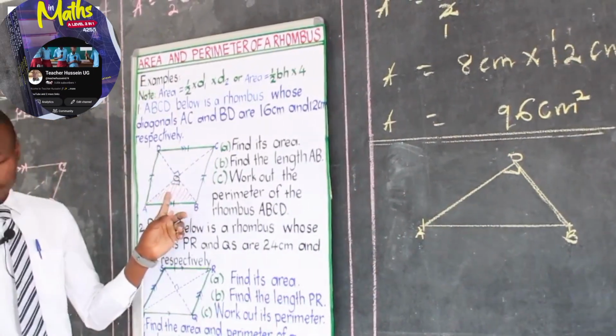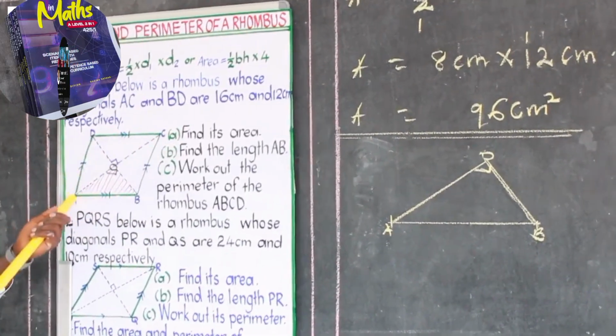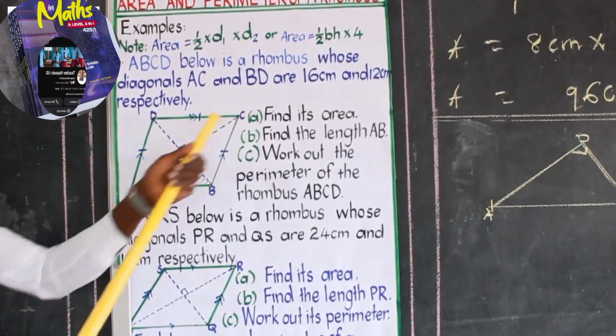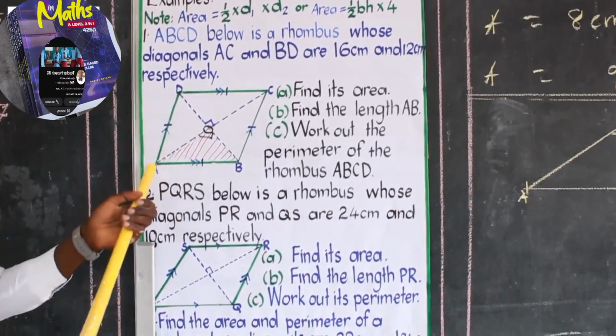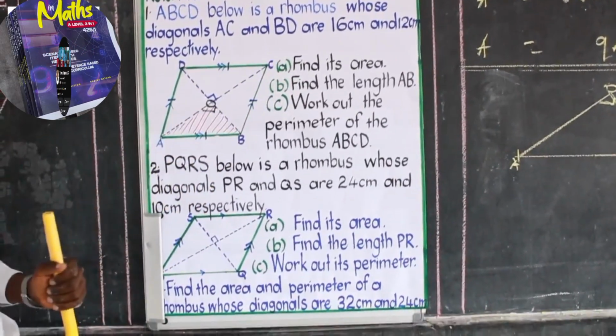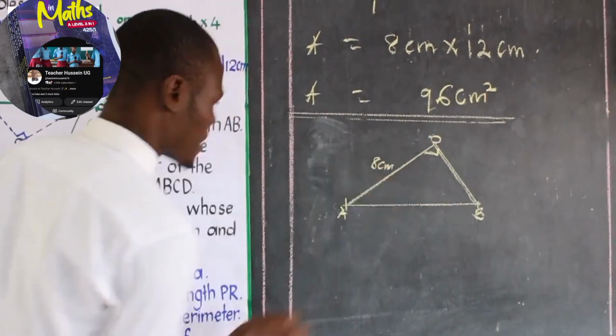Back to our figure. We have seen that the major diagonal is actually measuring 16 centimeters. So a half of 16 shall give us 8, meaning that OA, which is equal to OC, is equal to 8 centimeters.